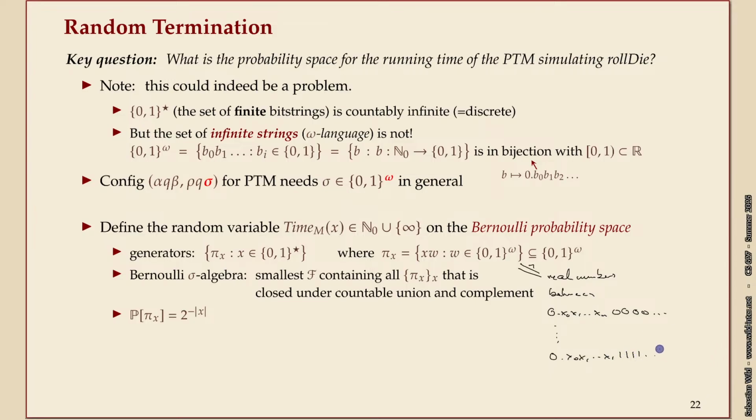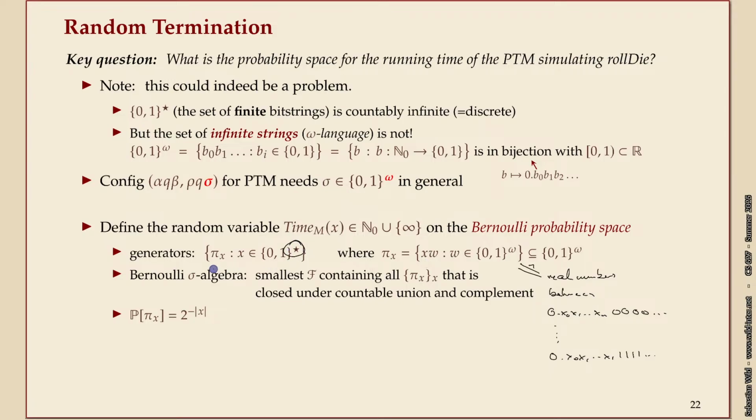Formally, Π_x is just a set of omega strings, all those omega strings that start with a given finite prefix. Important here is that, I should have made that in red.